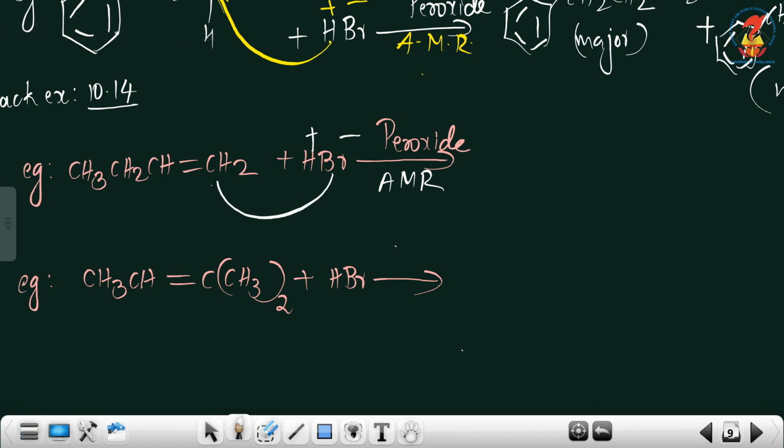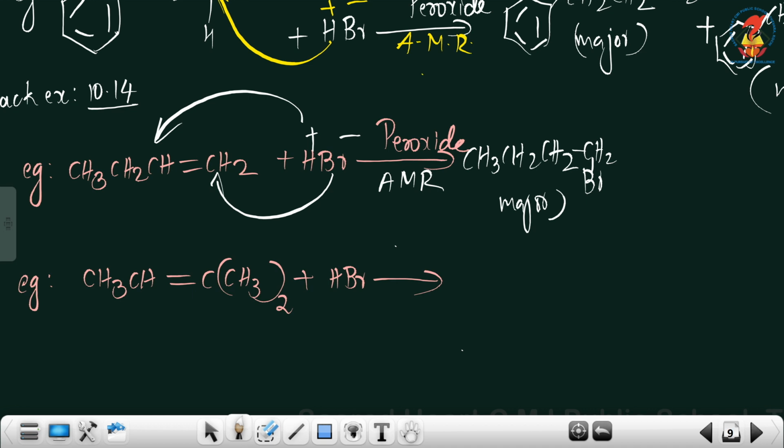Br minus goes to the carbon with more number of hydrogen and the positive part to the carbon with less number of hydrogen because it is anti-Markovnikov's rule. So CH3 CH2 CH2 single bond CH2Br, that is major, plus the minor product will be CH3 CH2 CHBr single bond CH3.